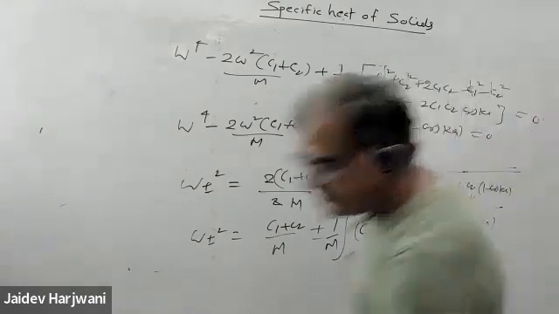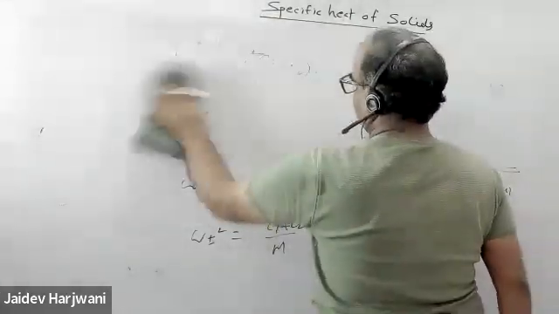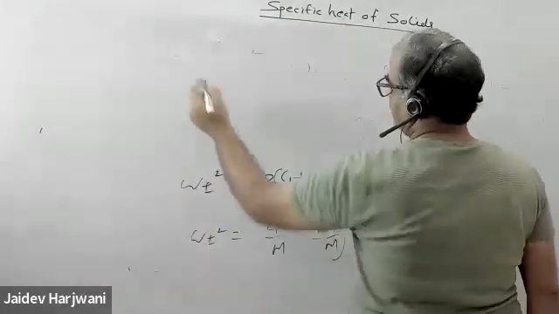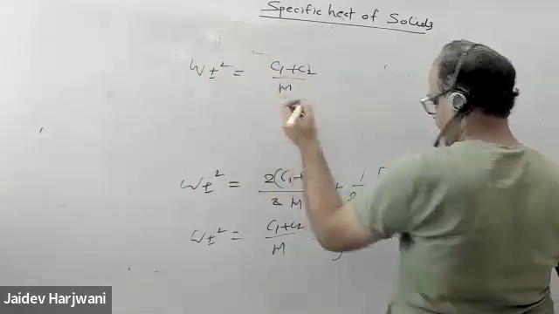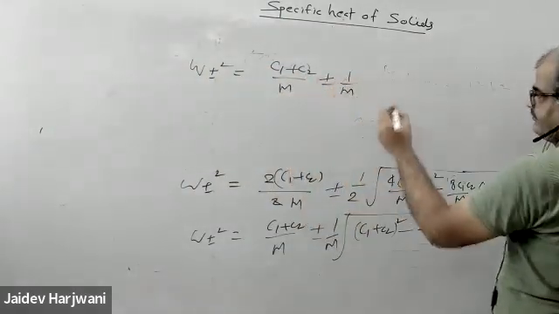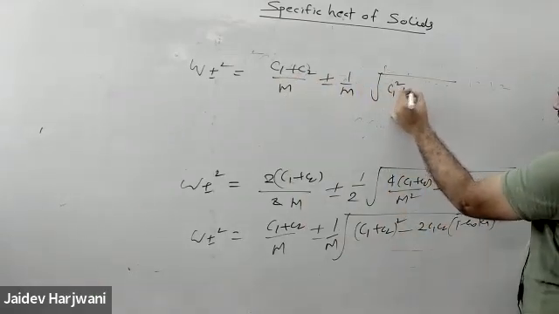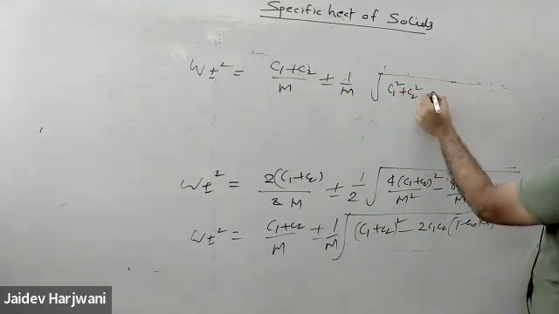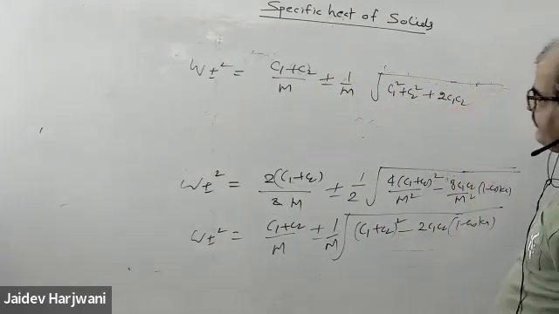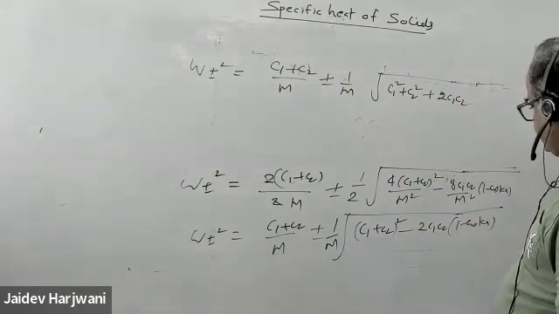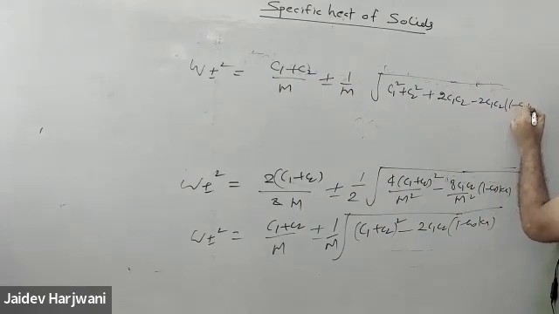Now one step we have to solve further. So if we solve this one, okay, I'll get omega square, C1 plus C2 over m, plus minus 1 by m under root. This is C1 square, C2 square, plus 2 C1 C2, and then we have minus 2 C1 C2 1 minus cos ka.